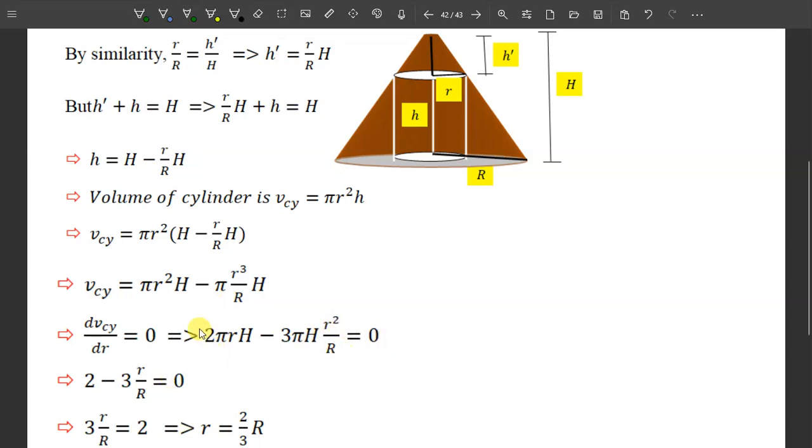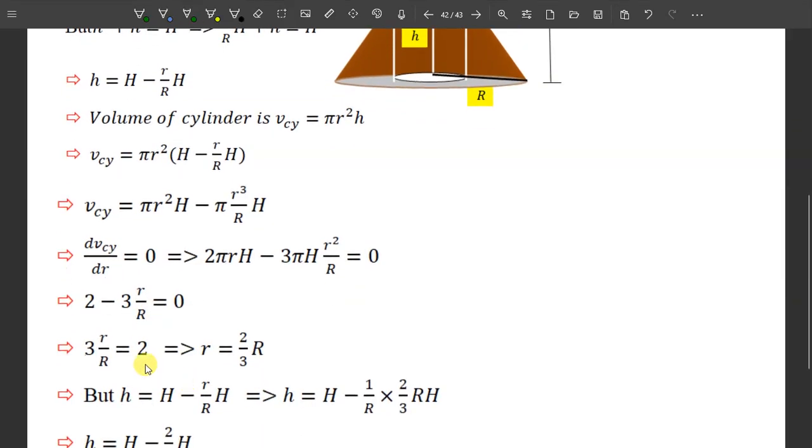Then we cancel pi and H by dividing both sides of the equation by pi r H, and this will give us 2 minus 3 small r over capital R is equal to 0.